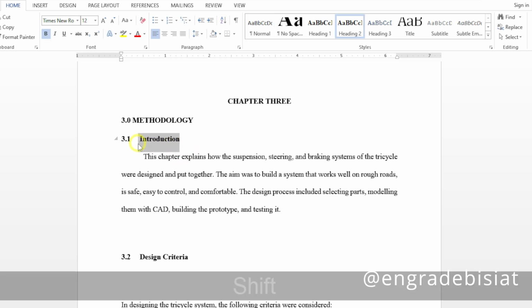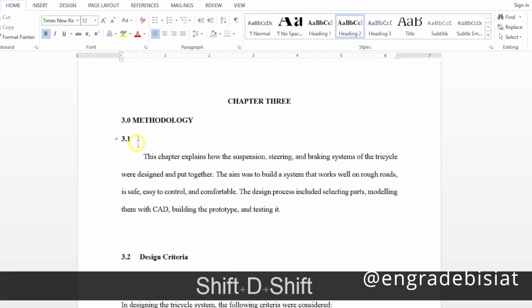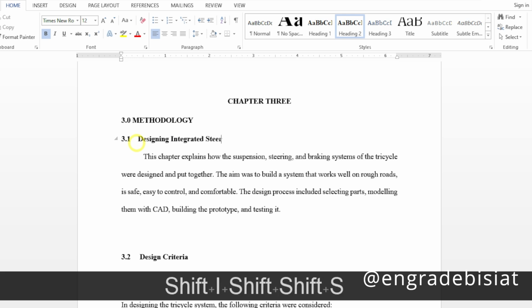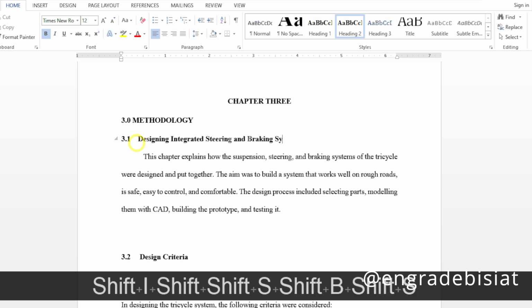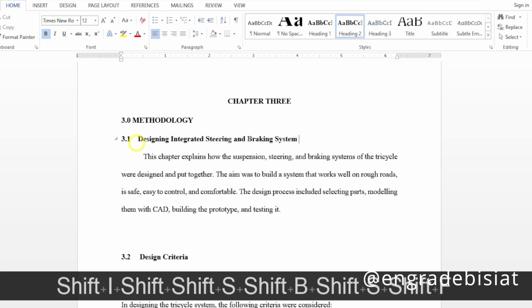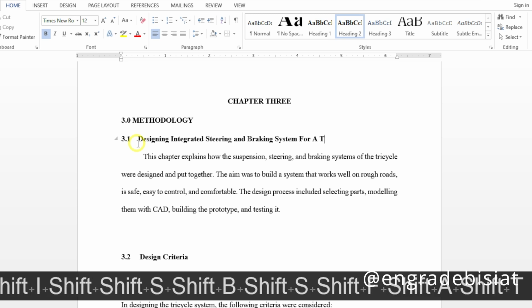Let's do something like: designing an integrated steering and braking system for a tricycle.